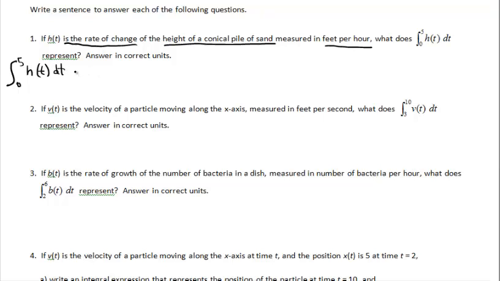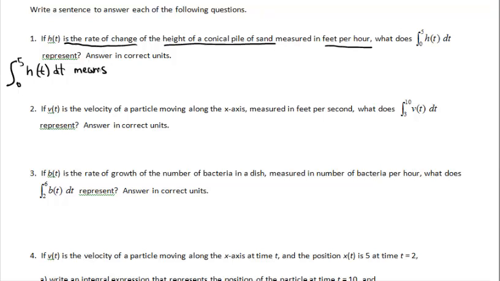Okay, I take the integral and I write it down again, and I write down the word means. This integral means, and it means the answer that results from this. When I integrate this rate, I get back to the original quantity. When I integrate a rate, I lose the rate and I get a change. So if that helps remind you how to begin the explanation, explaining the meaning of this integral, then that's wonderful.